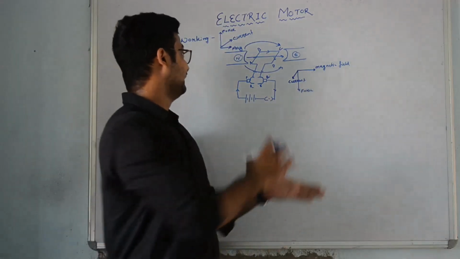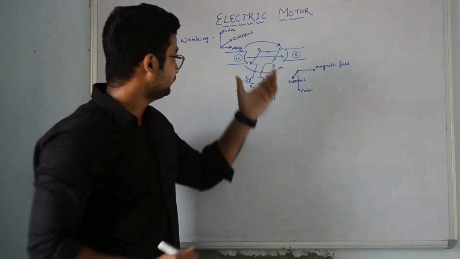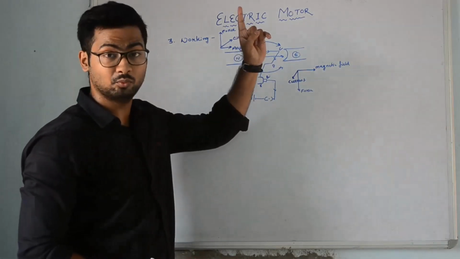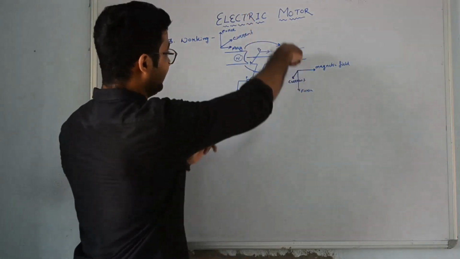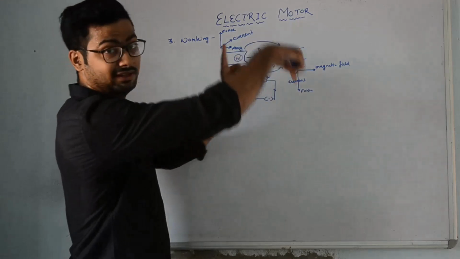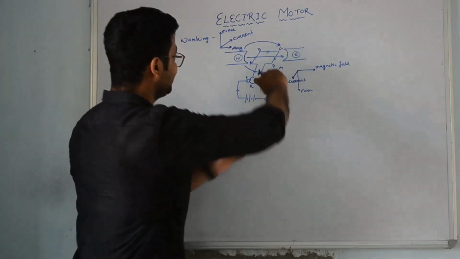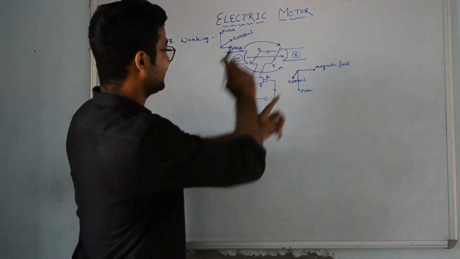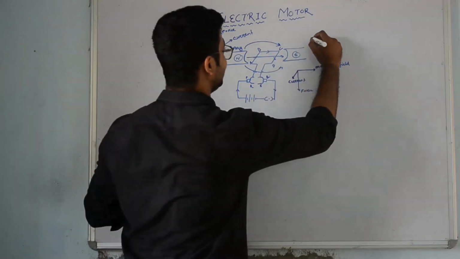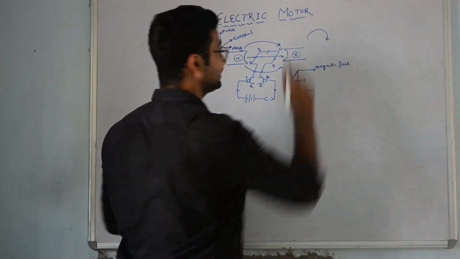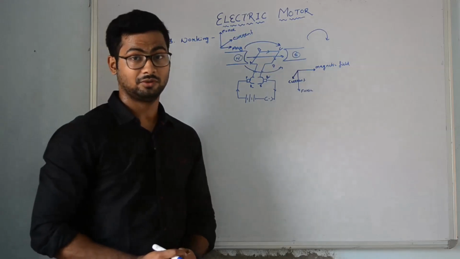As we can see, AB is experiencing an upward force and CD is experiencing a downward force, that means it will start rotating in this manner. The rotation will take place in this manner, which is a clockwise rotation.